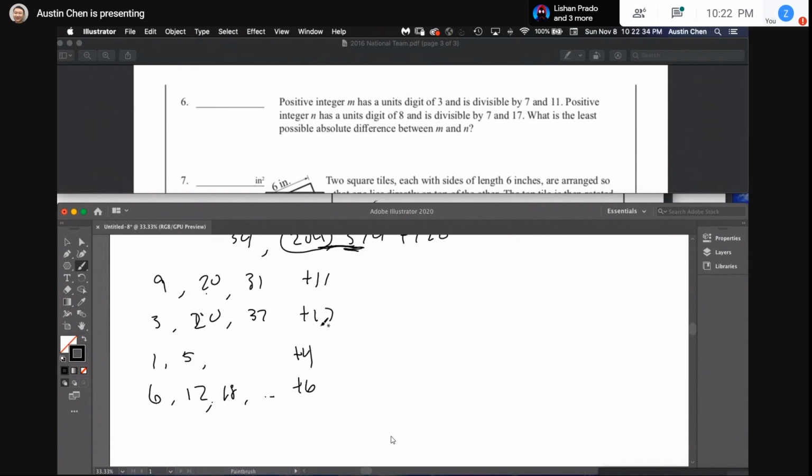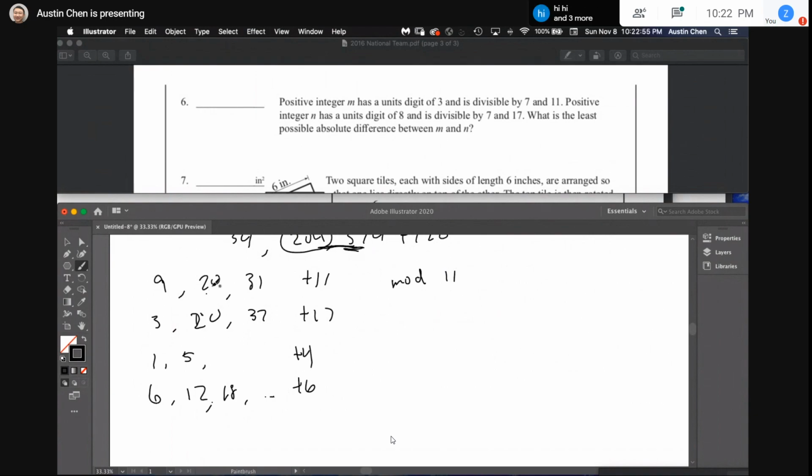I mean, it's like this, right? We could look at this sequence mod 11, perhaps. Yeah, sure, we could look at this sequence mod 11.